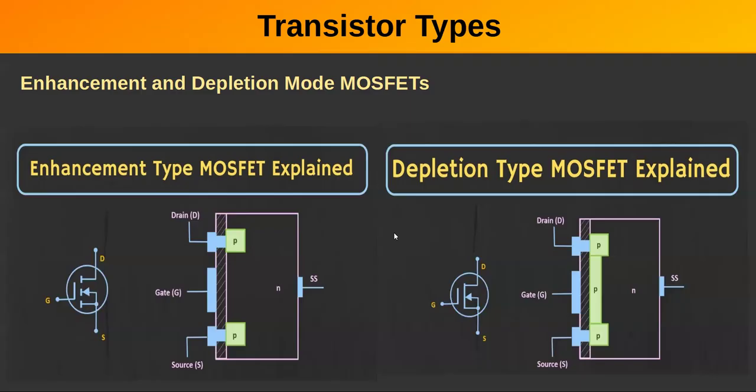In one case you've got to turn it on, and in one case you're going to turn it off. So the negative bias turns it off. That's acting more like a triode vacuum tube, where a positive voltage is going to turn the enhancement one on.